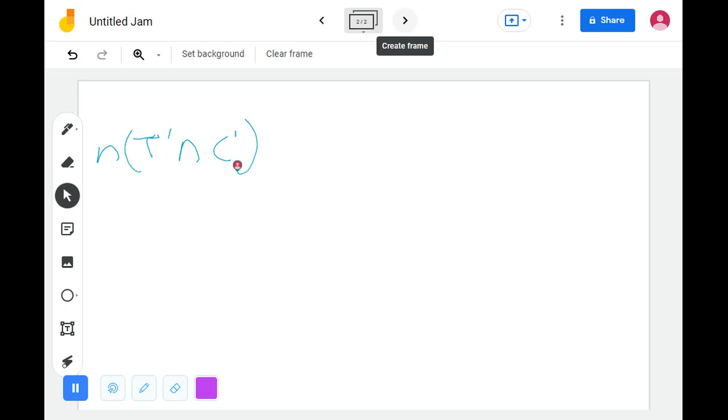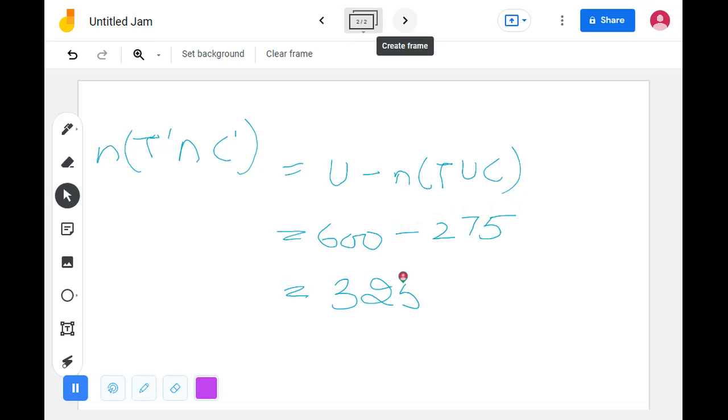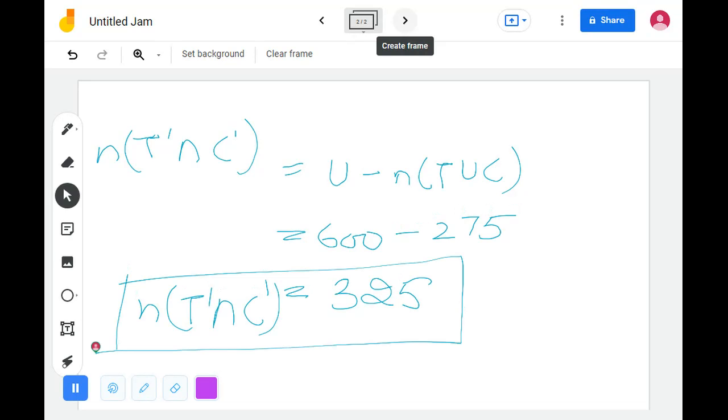Neither tea nor coffee means the intersection of the complements, नीदर टी नॉर कॉफी का मतलब यही होता है. तो what we do is universal set minus the number of tea union coffee. The universal set is 600, it is given in the question already, 600 students, minus our union, which is 275. So what we get is 325. This is our answer for neither tea nor coffee, those students who drank neither tea nor coffee.